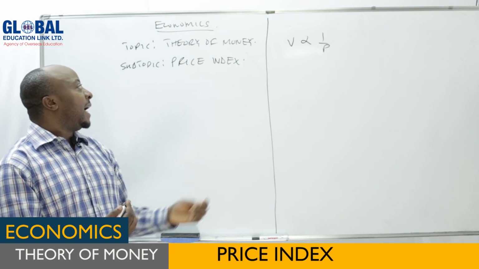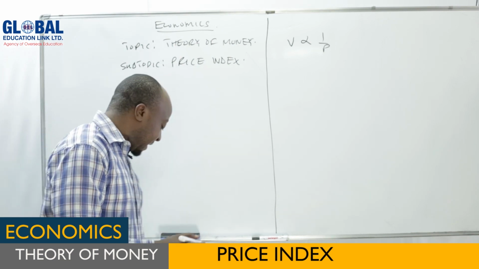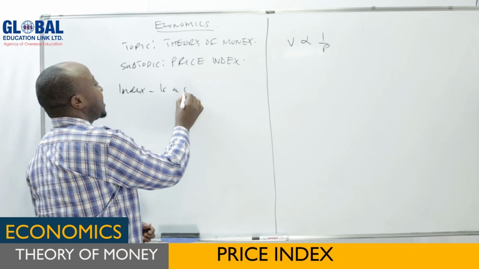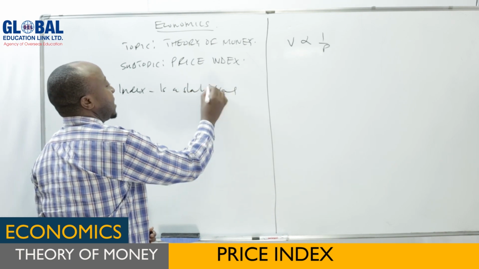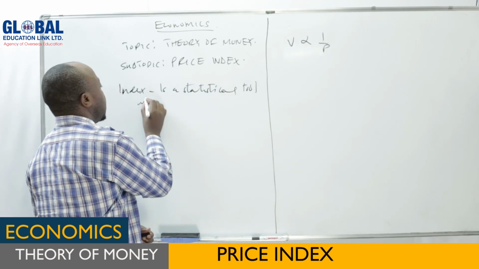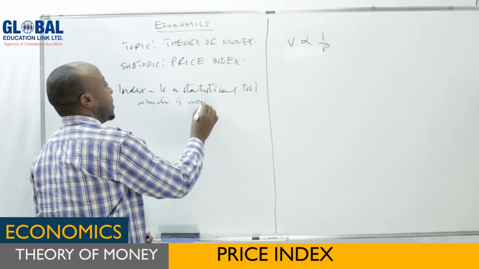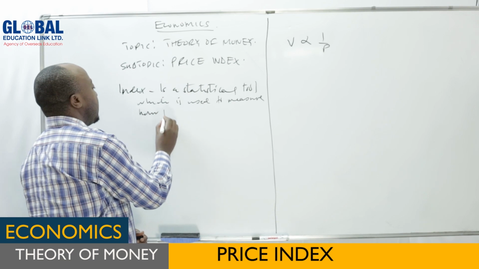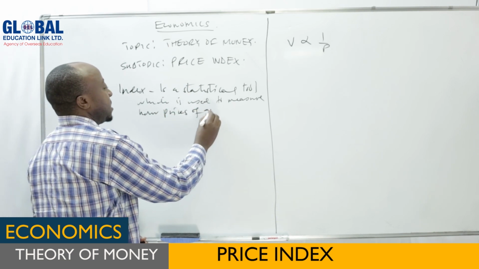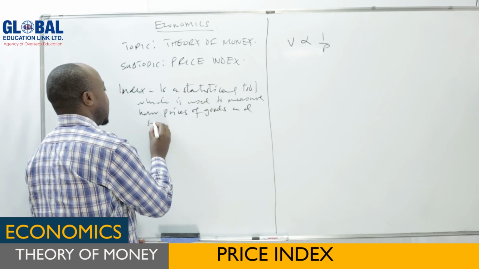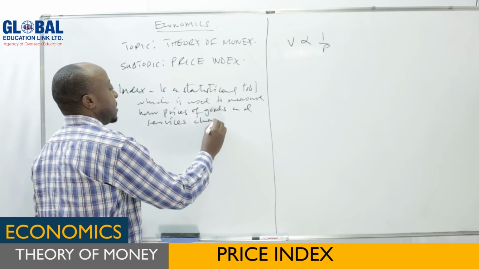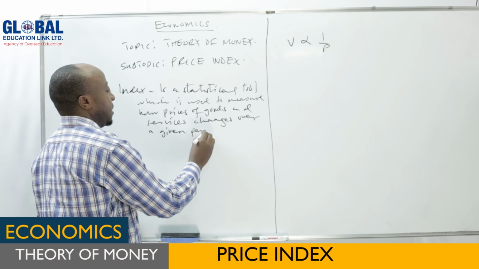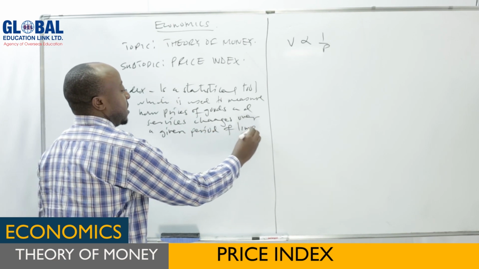Now for that case, you can say price index, by definition, is a statistical tool which is used to measure how prices of goods and services change over a given period of time. That is price index.